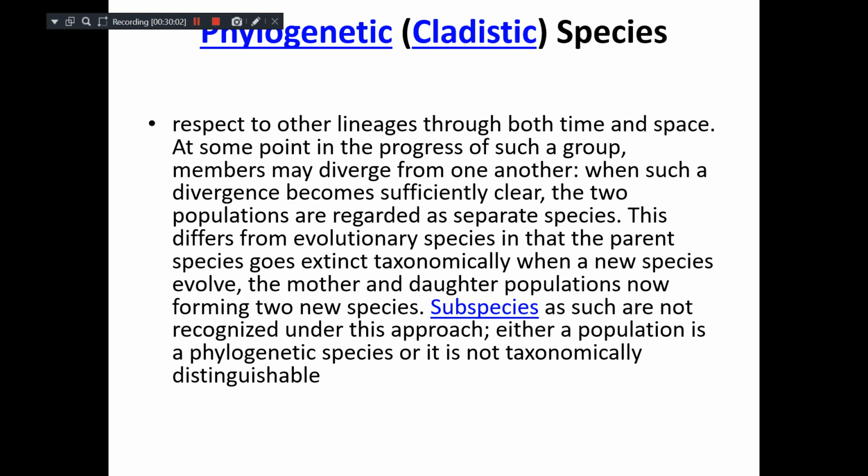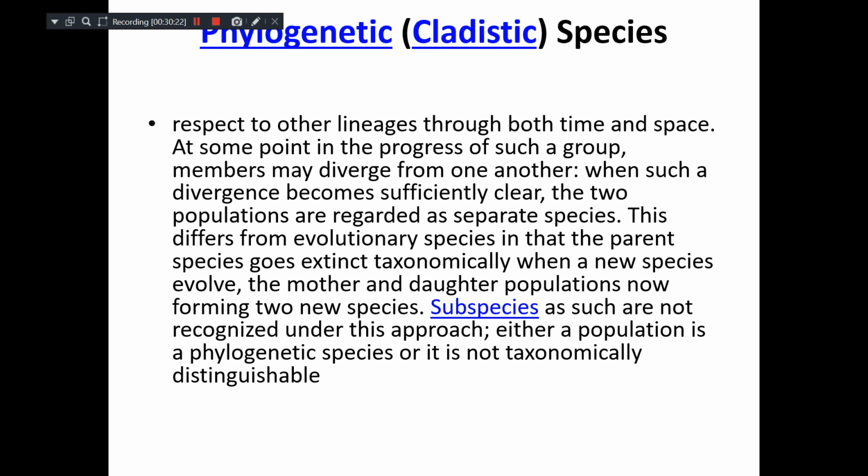Next one is the phylogenetic or cladistic species. Undoubtedly, there is respect to other lineages through both time and space. There is no interbreeding.